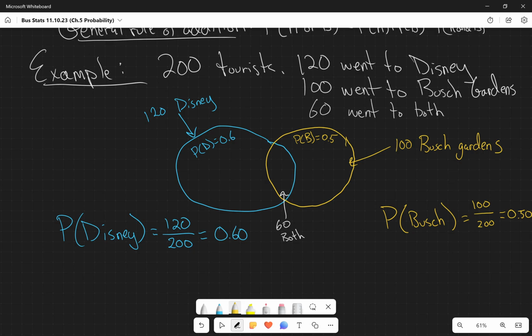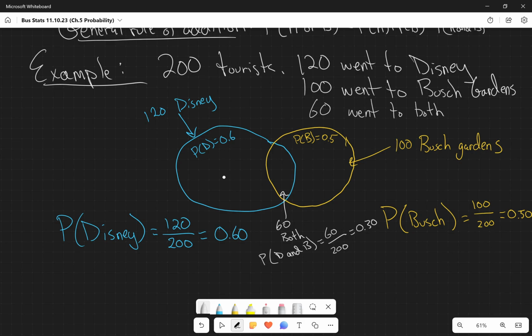So now we need to figure out the probability of Disney and Busch Gardens. Not Dave and Buster's, but Disney and Busch Gardens. And we are told this information. We're told that 60 people went to both out of the 200 people. So 60 divided by 200 gives us 0.30.